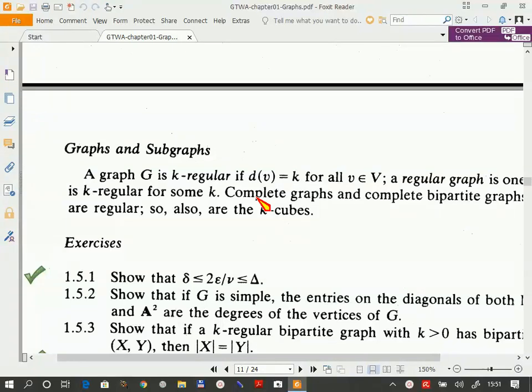What can I say about the degree of V1? Of course, it is greater than or equal to this and less than or equal to this by the definition of small and capital deltas. Let's do it for V2.